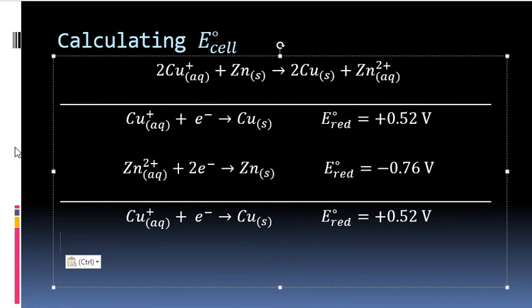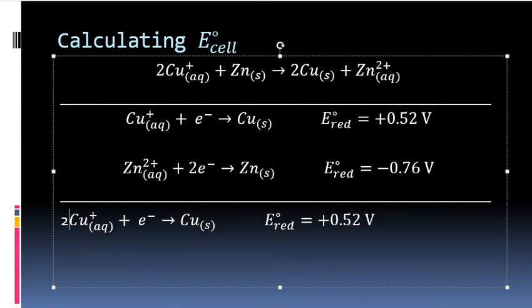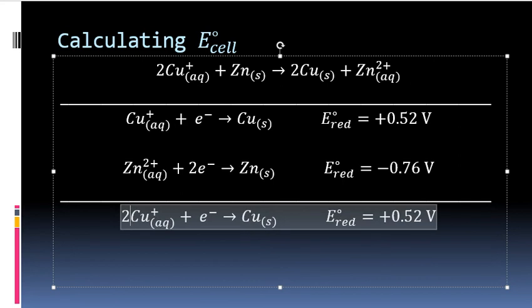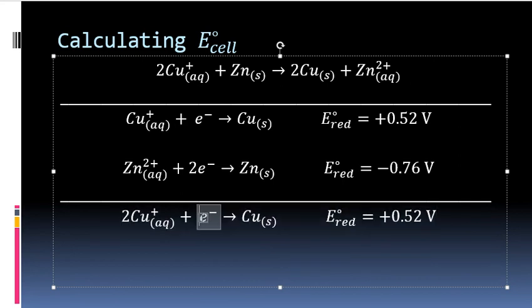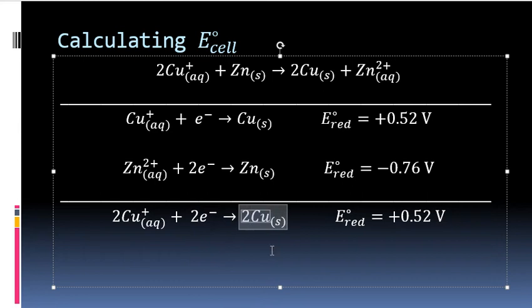In order to keep the amount of electrons being transferred in and out the same, if our other reaction has 2 electrons, then we're going to need to multiply everything here by 2. So multiplying this whole reaction by 2 gives 2 moles of Cu 1 plus and 2 moles of electrons being transferred to form 2 moles of neutral copper.